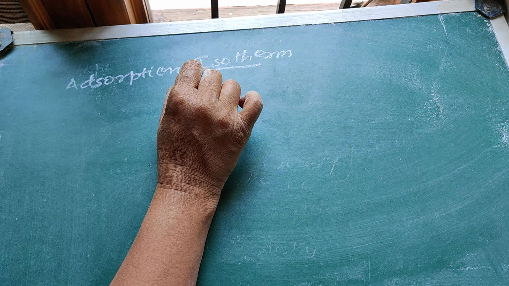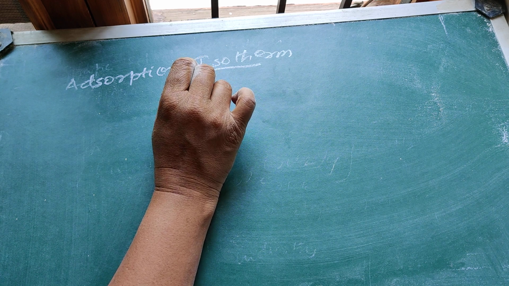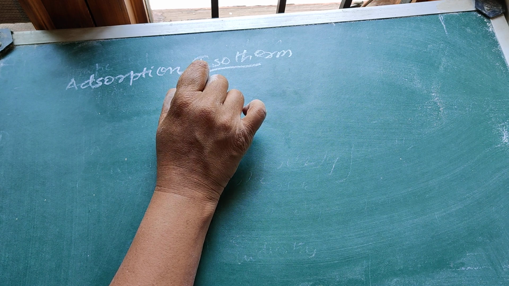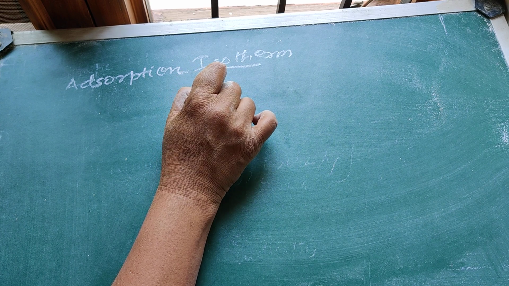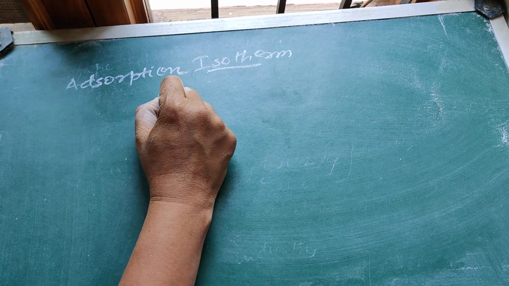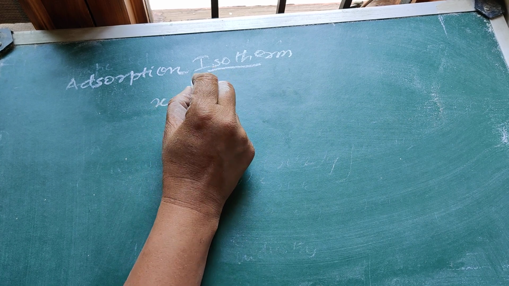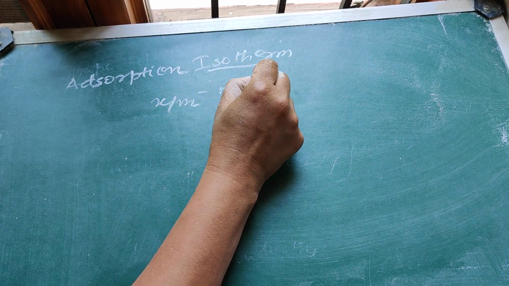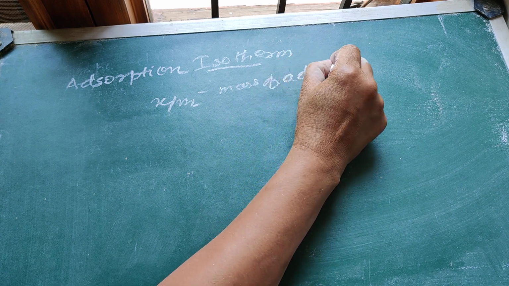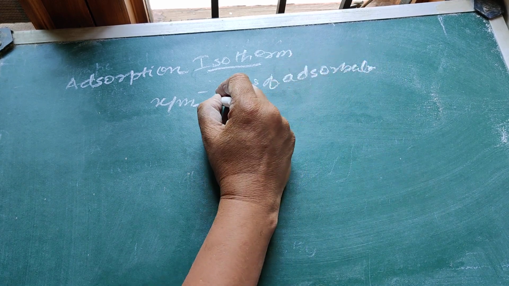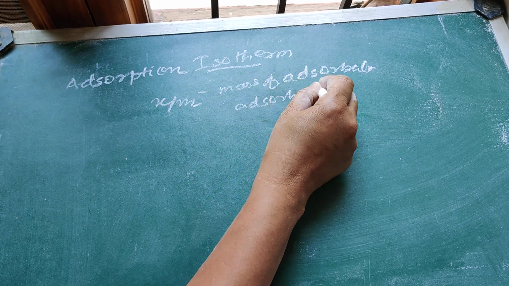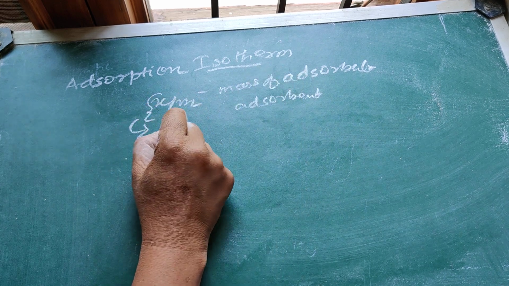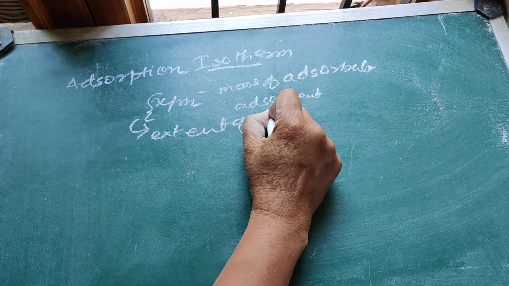Adsorption on the surface remains constant at equilibrium. It increases with increase in pressure of the gas, and the extent of adsorption is given by x/m, where x is the mass of the adsorbate and m is the mass of the adsorbent. x/m is known as the extent of adsorption.